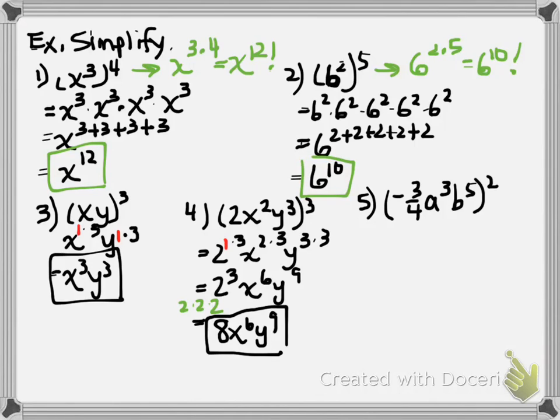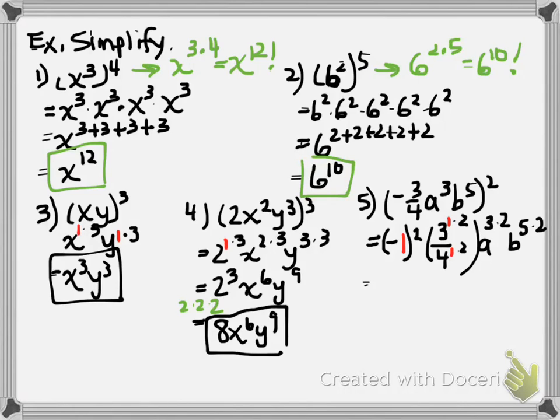So here's what we're going to do, and this is the one I have a lot of issues with. We want to make sure we understand that the negative is actually negative 1. We're going to square that, and then when we square a fraction, we square the numerator and we square the denominator. And then we've got a cubed squared, b to the 5th squared.